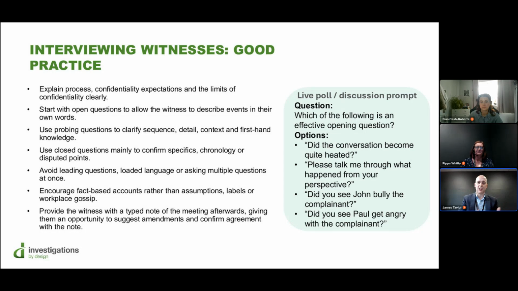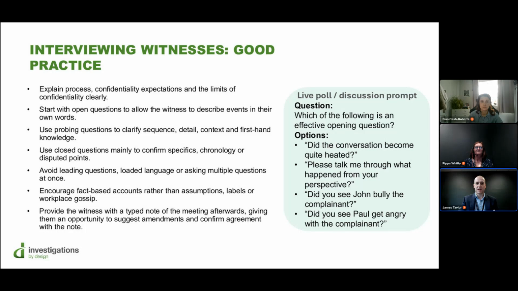And that's why open questions such as, please talk me through what happened from your perspective, are probably a good way to start. It allows them to explain the events without interruption, without pressure, without introducing language such as heated or bully or angry. You can then use the probing questions to explore the sequence or the details or the context of the witness and their first-hand knowledge.